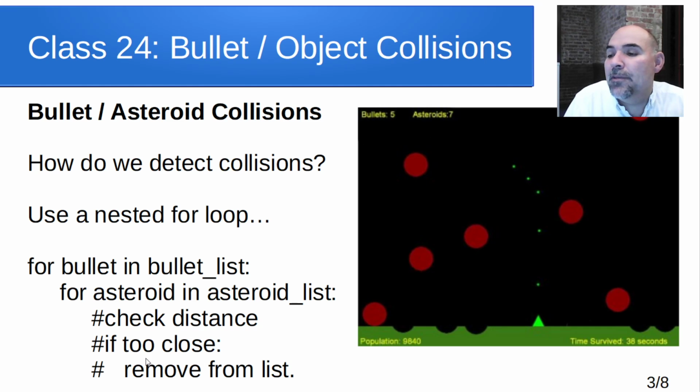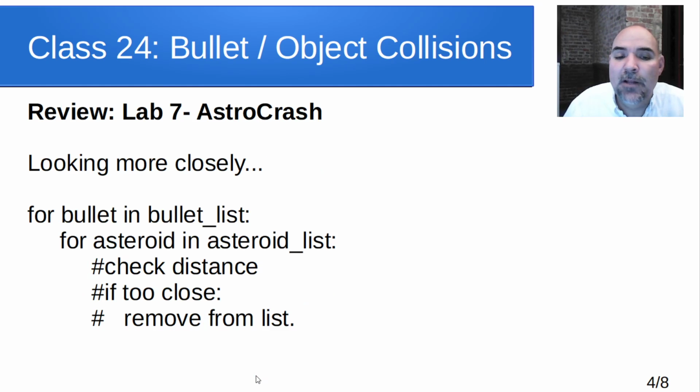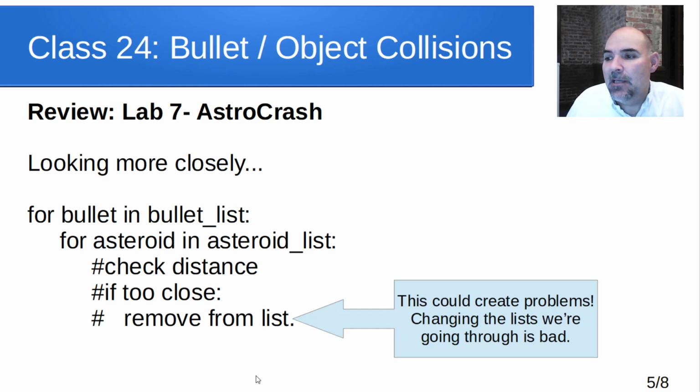Now, one thing that might be a little confusing is the way we did this. We said if we check the distance and if it's too close, we remove both the asteroid and the bullet from the list. But this is a little bit confusing to some of you. Looking more closely at that code, that remove from list could create problems, because we're going through these lists and we don't really want to change those as we're going through them.